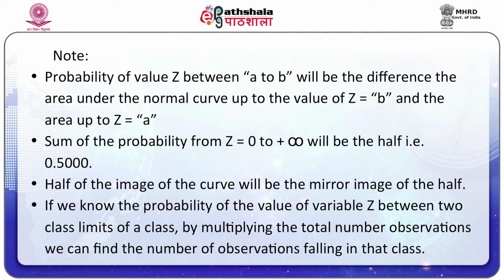Sum of the probabilities from z equal to 0 to z equal to infinity will be half, that is 0.5. Half of the curve will be the mirror image of the other half.